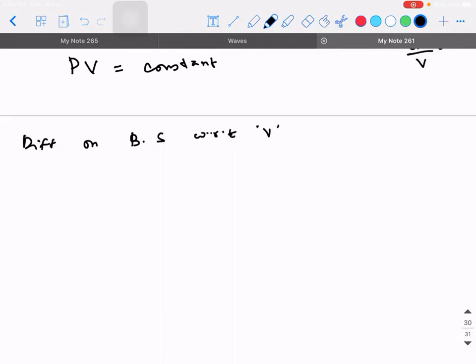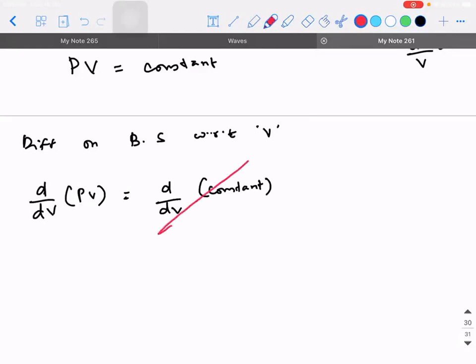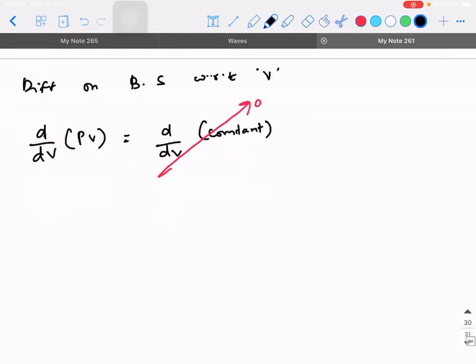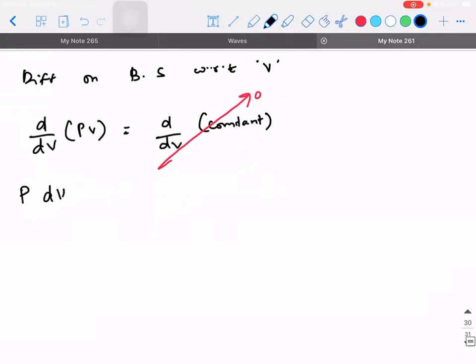So you people know what is the UV method, right? d by dV of pressure into volume is equal to d by dV of a constant. So what is the derivative of a constant? It is 0. Right? So what will happen on the left hand side? Pressure into dV by dV plus volume into dP by dV.